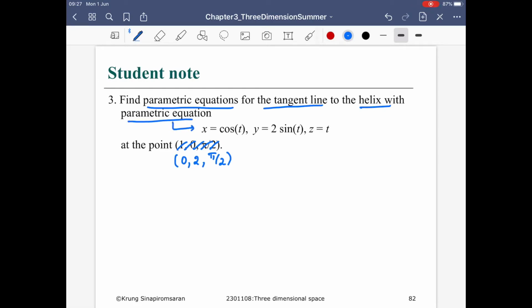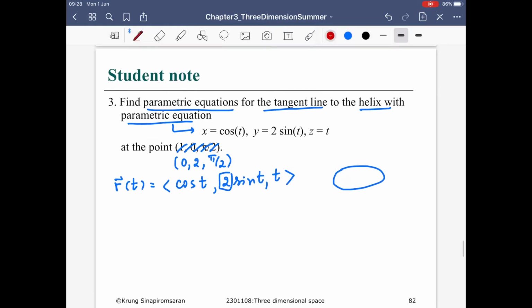Sometimes this is called a parametric equation, and it is the same as your vector equation: cosine t, 2 sine t, and then t. Please keep in mind that this one is different from the previous helix we just did, which is a circular helix. This one is an elliptic helix like this. So to find the tangent line, what is it that we need?